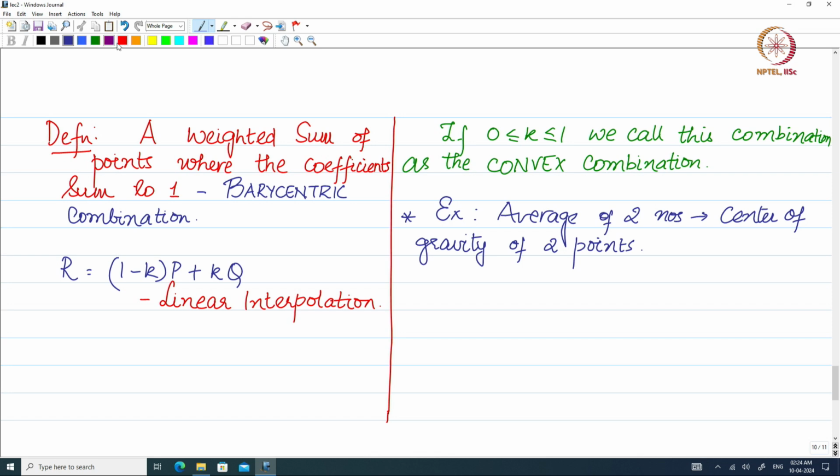If you want to define points outside of the line segment PQ, then you need to take k less than 0 or k greater than 1.